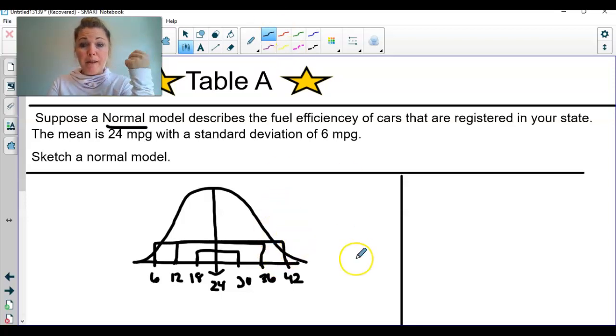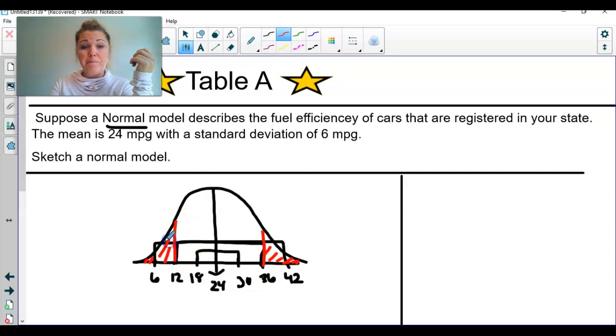Now, are there people that get over 42 miles per gallon? Sure. The chances, though, are incredibly rare, as well as over here. In fact, remember, in a normal distribution, it really is unusual to be anywhere outside of a z-score of 2.